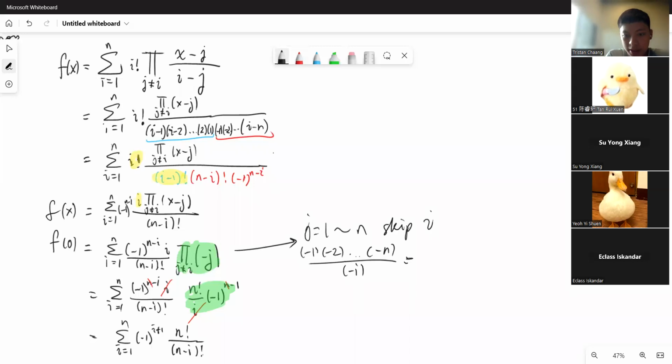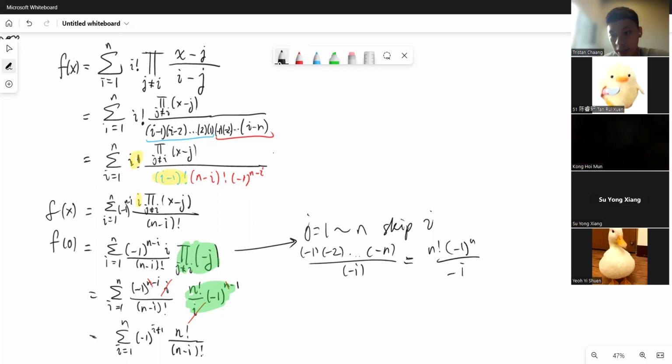Well, the top bit is n factorial times negative 1 to the power of n. The bottom bit is minus i, so therefore it's n factorial over i times minus 1 to the power of n minus 1. So the point is the products here can all be simplified into something nice, into factorials and whatnot.